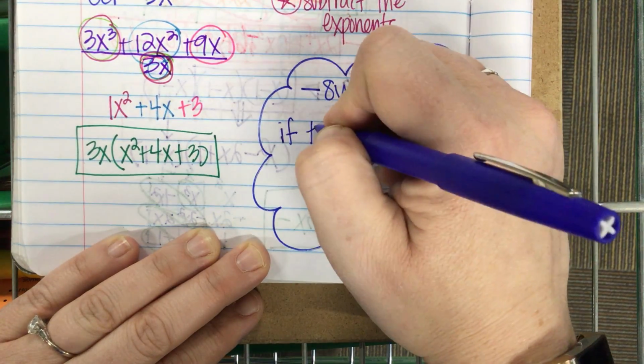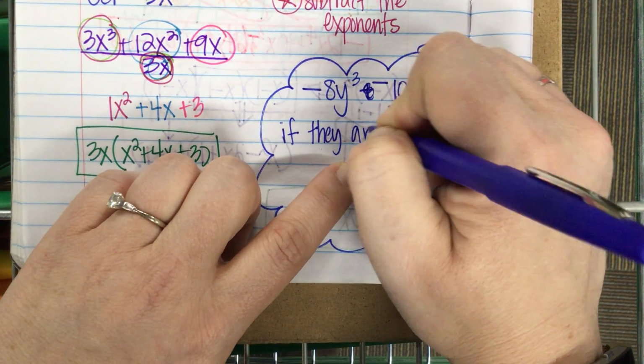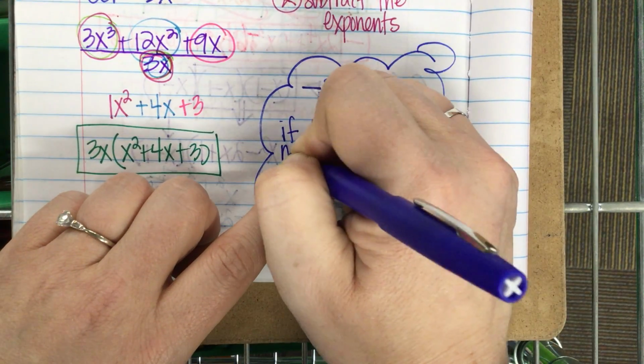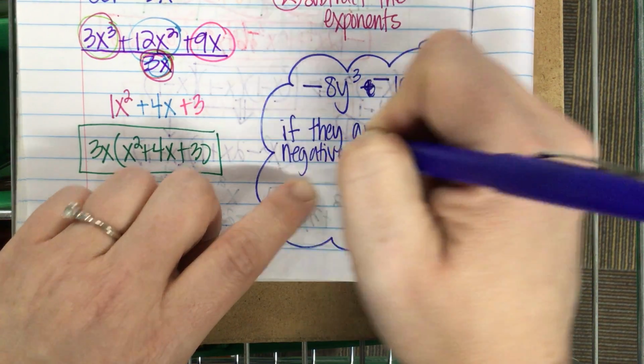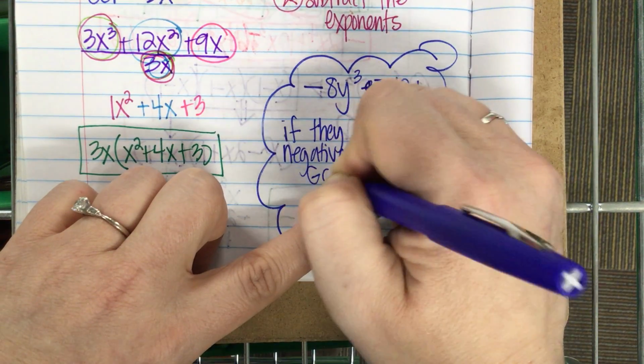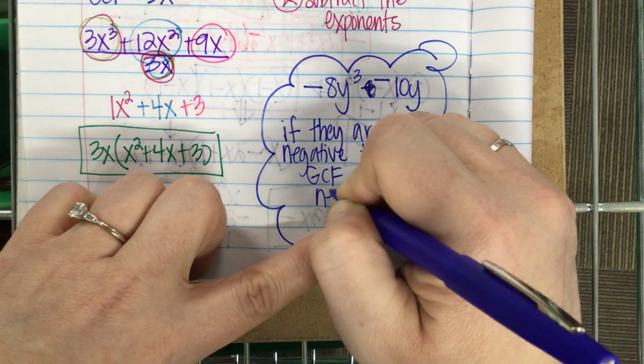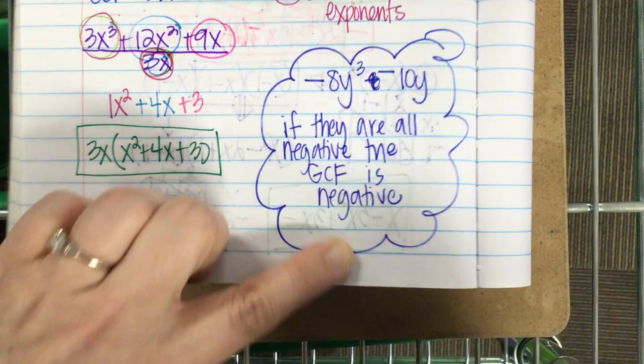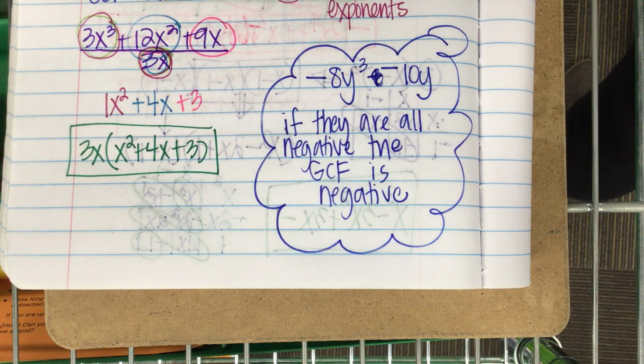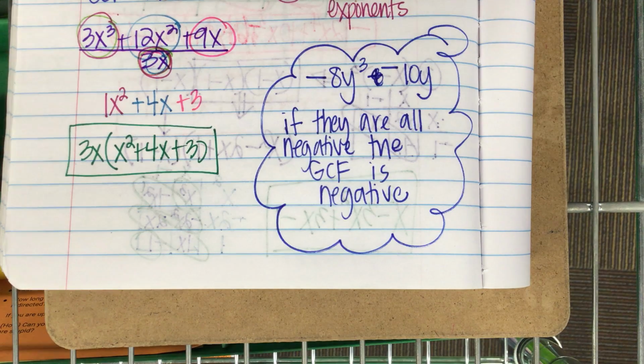If they are all negative, the GCF is negative. If all of the terms are negative, the GCF is negative, which is counterintuitive because negative numbers are smaller than positive numbers. Do you agree? And this is called the greatest common factor, meaning it should be the biggest number they have in common.